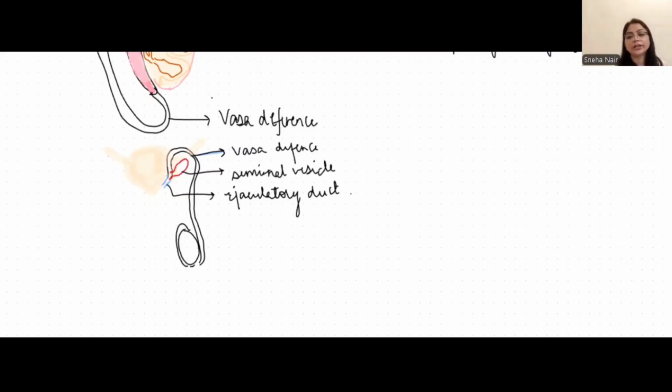Now the ejaculatory duct will move through another gland over here called prostate gland. This is the prostate gland. It's a triangular shaped gland.